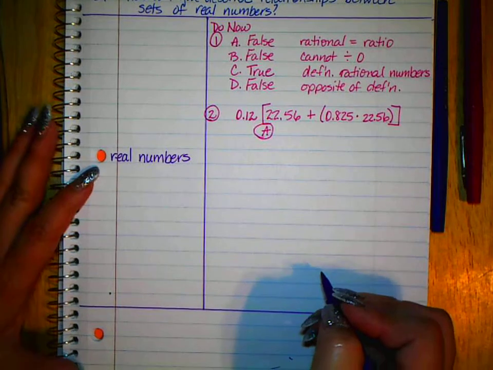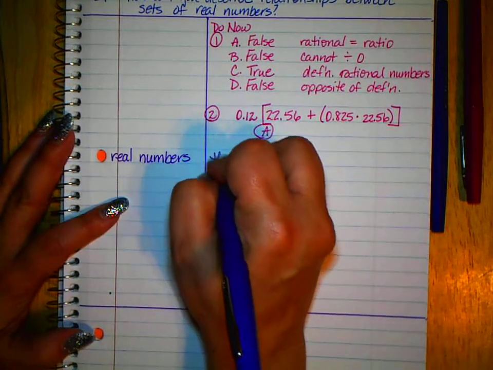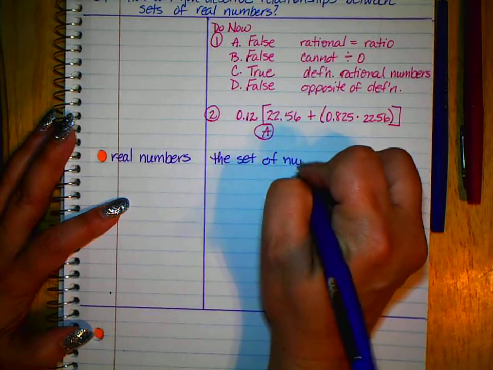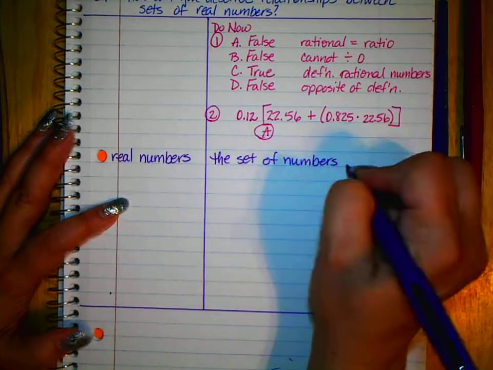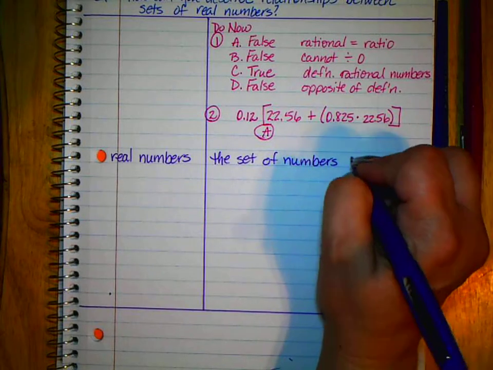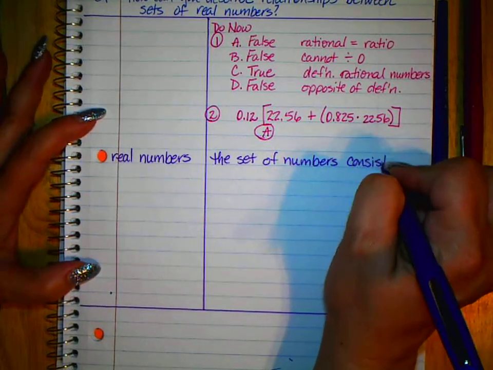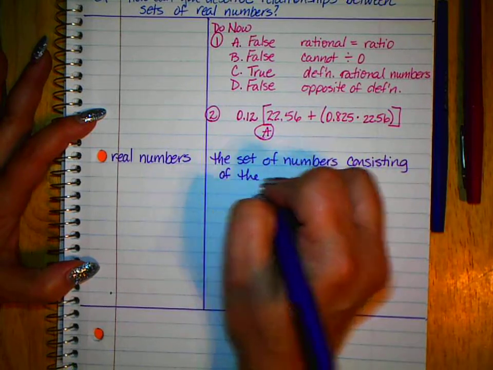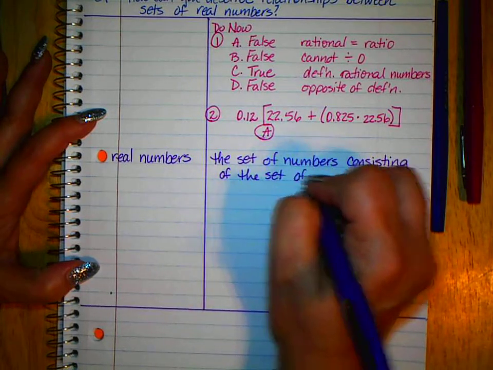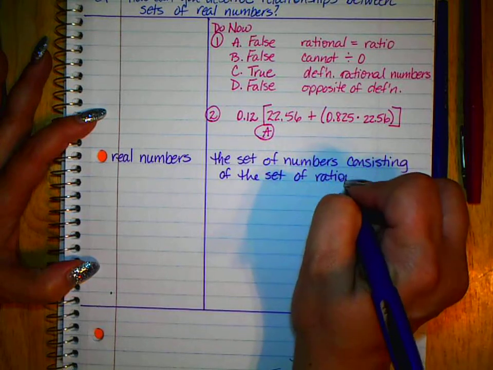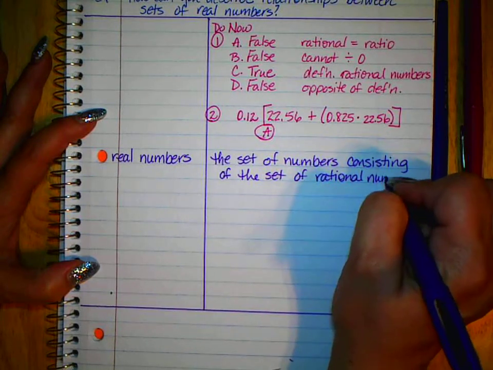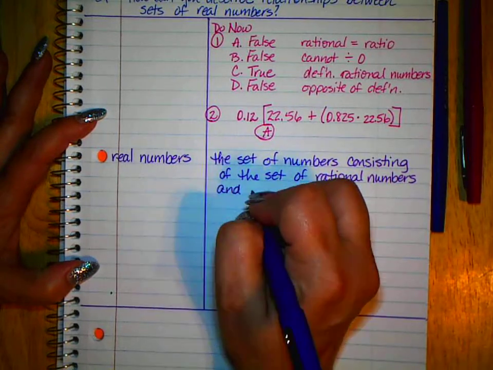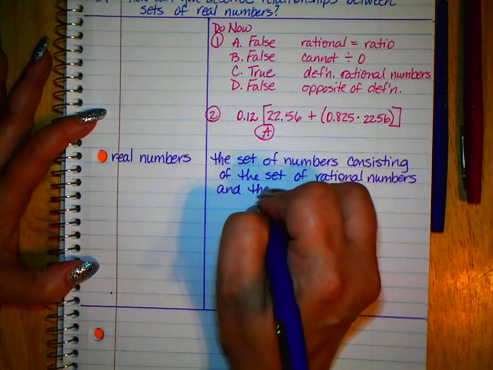That is the set of numbers consisting of the set of rational numbers and the set of irrational numbers.